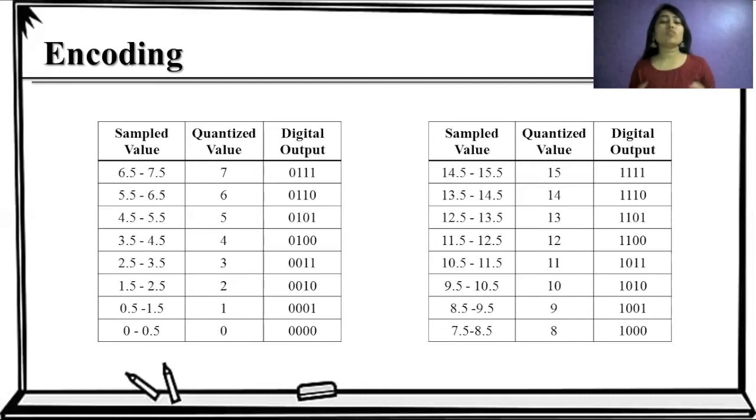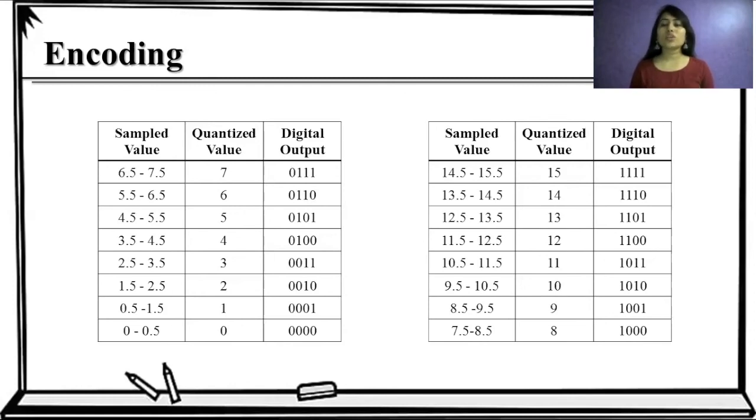Basically it's the equivalent binary representation, so 0 is 0000, and 1 is 0001. And why do we use 4 bits here? Because we have a total of 16 quantized levels, or 16 total values. To represent these 16 values we have to use 4 bits. That's why we have a digital output in terms of 4 bits.